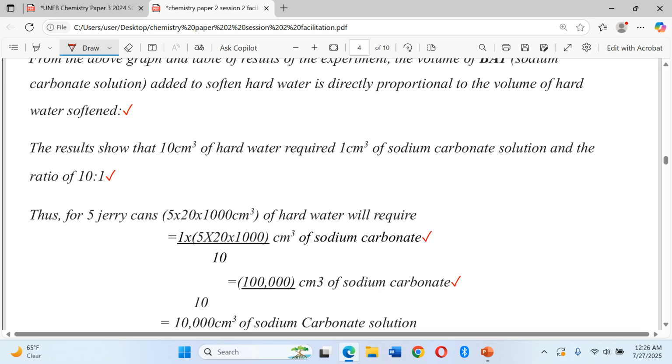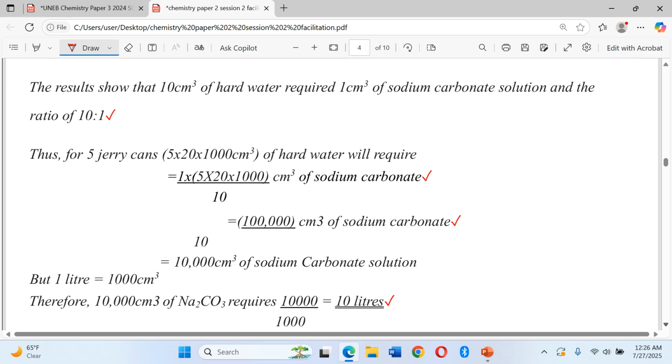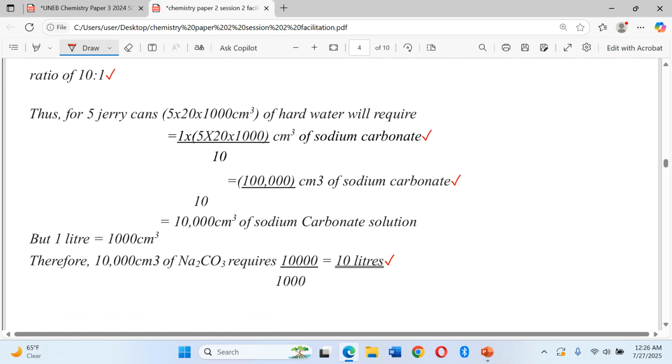Now, after getting the volume of hard water used, you recall that it is a ratio of 10 to 1. Every 10 cubic centimeter of hard water needs only 1 cubic centimeter of sodium carbonate. What about this volume? Which means we divide it by 10. Then you're able to get the volume of sodium carbonate needed by this girl to wash using the 5 jerrycans.